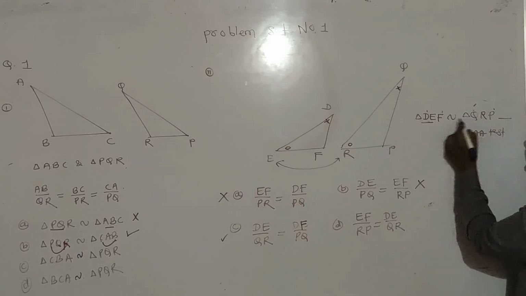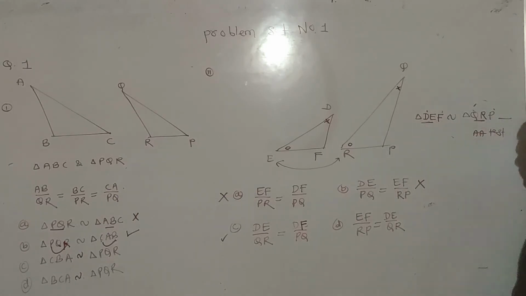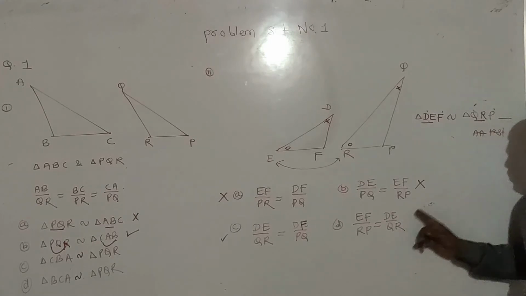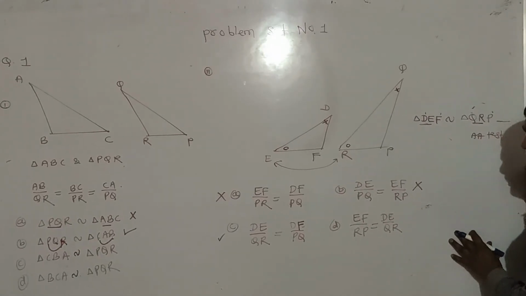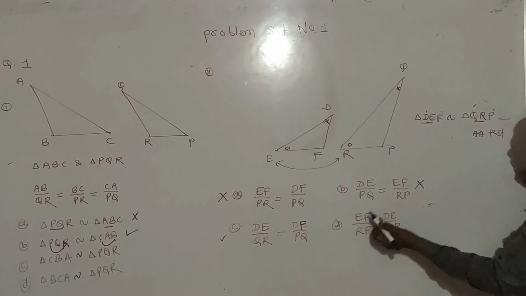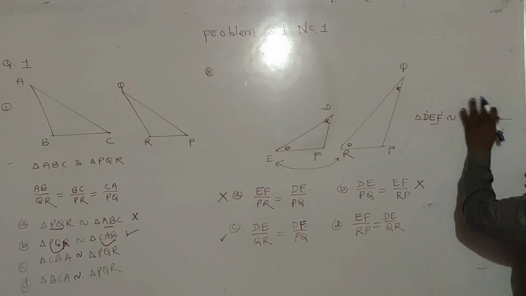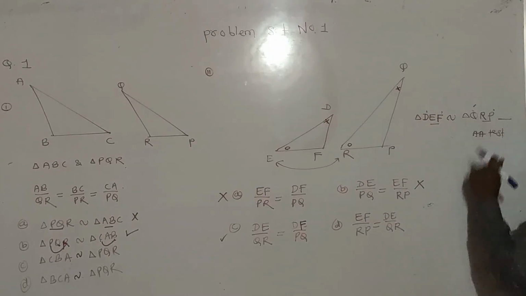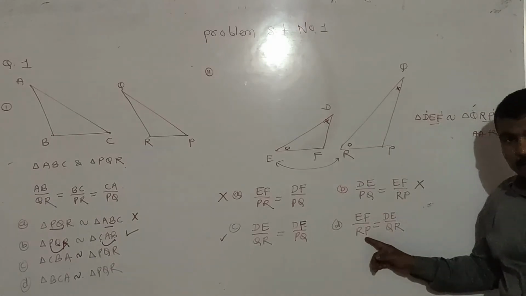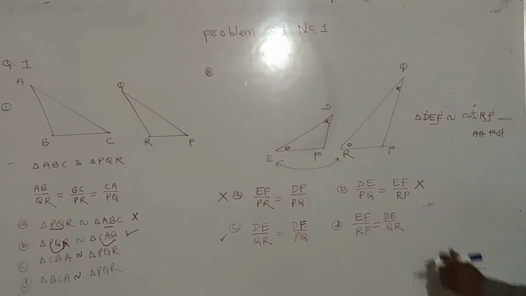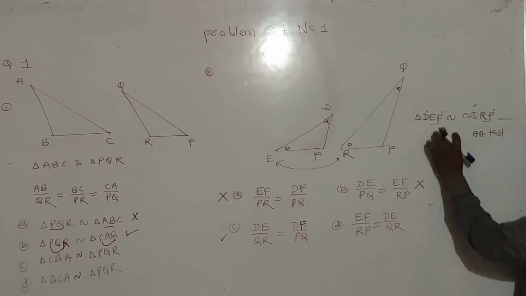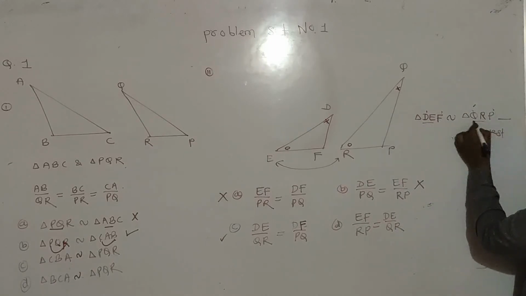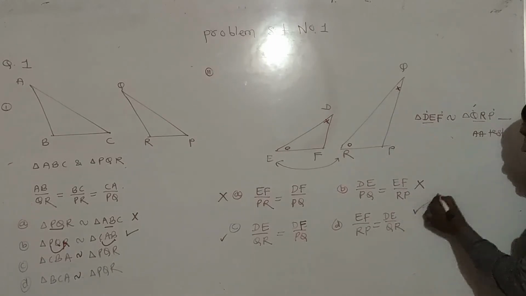So DE upon QR, so just wait, check the option D, EF upon RP, one order is correct. Now next D upon QR, DE upon QR, this is also correct, so option number D is also correct.